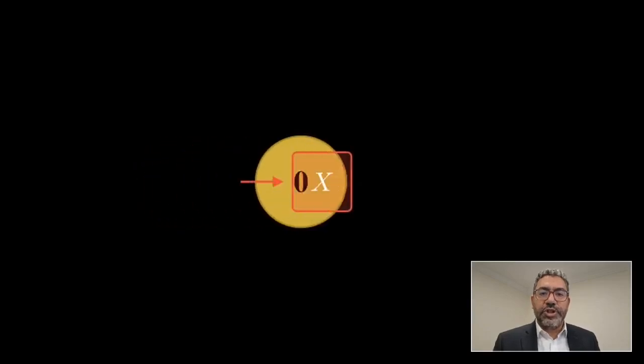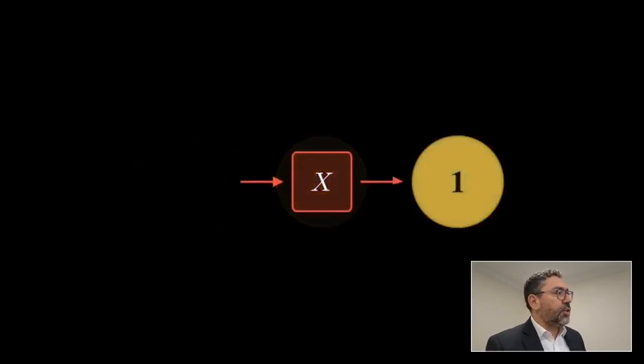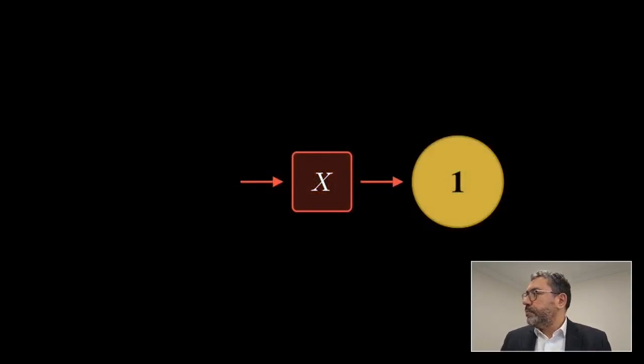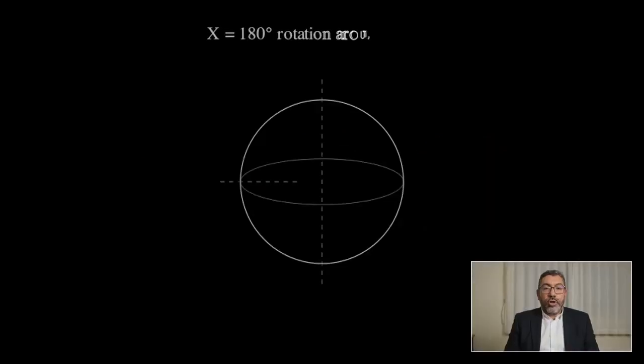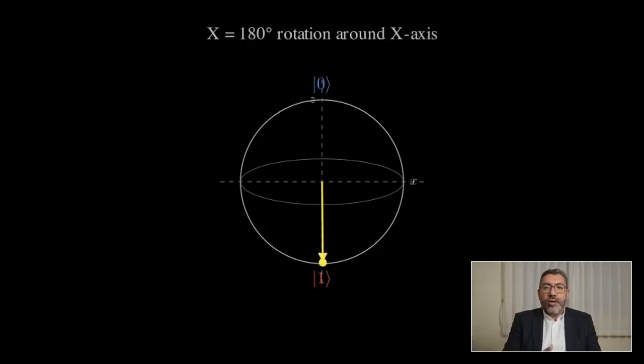Using the coin analogy, X is like flipping the coin to the opposite side. On the Bloch sphere, X is like rotating the state 180 degrees around the x-axis.